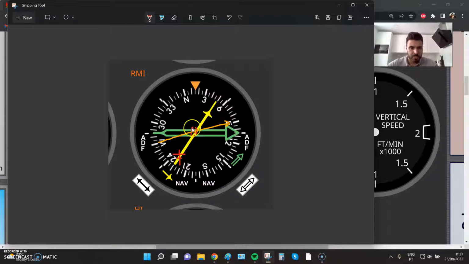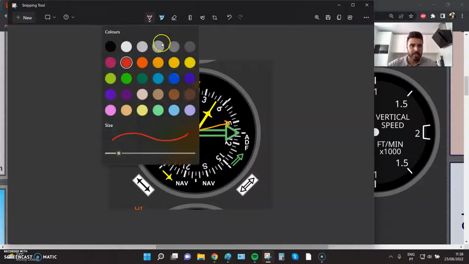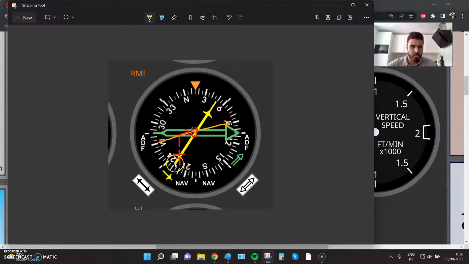The station is in the middle, okay, and I'm following 015 to catch QDM 090. So what's going to happen is that this yellow needle here is going to move this way, right? Because I'm going up, and the needle will always be pointing at the NDB, so the needle will come with me, and the minute it's almost reaching 090, I'll need to turn right to catch it.